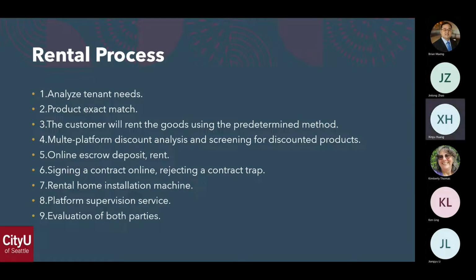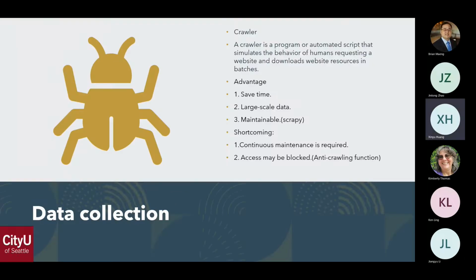And the fourth is, just like the second problem statement, I added on a basic rental process, and this basic rental process is a reference, and related work. And then it's data collection.